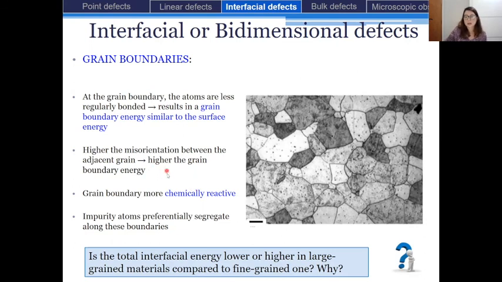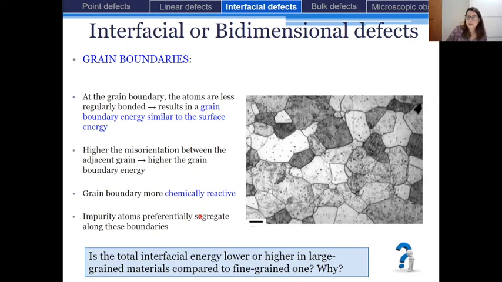And so this is then directly related to their chemical reactivity. So grain boundaries are chemically reactive, and more chemically reactive than the region in the bulk in the middle of the grain.